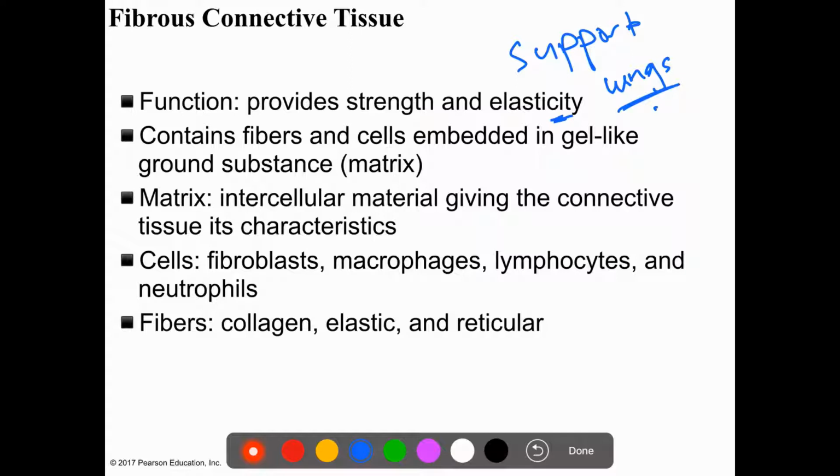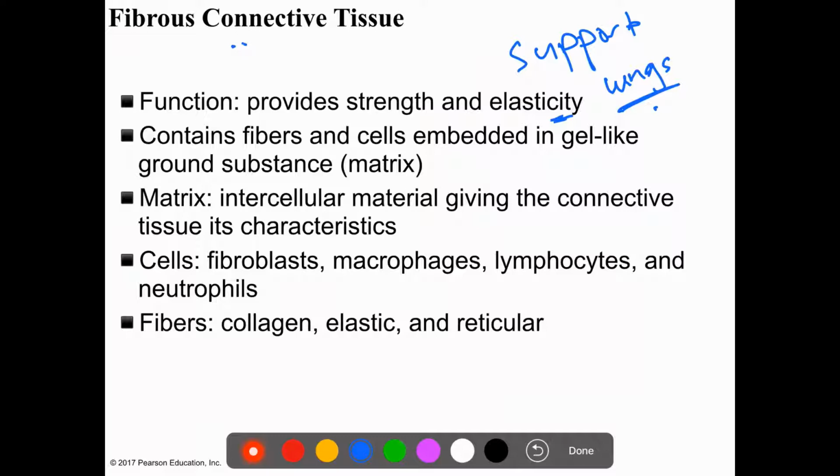Similarly, the urinary bladder. We use it to temporarily store the urine, and it will get enlarged. One of its abilities to adapt to that change is because it has some of this connective tissue, but at the same time it has epithelial tissue as well.